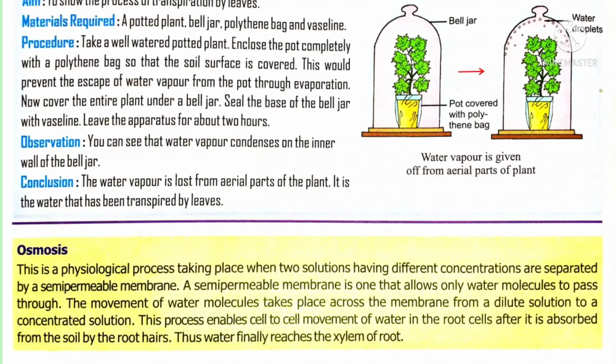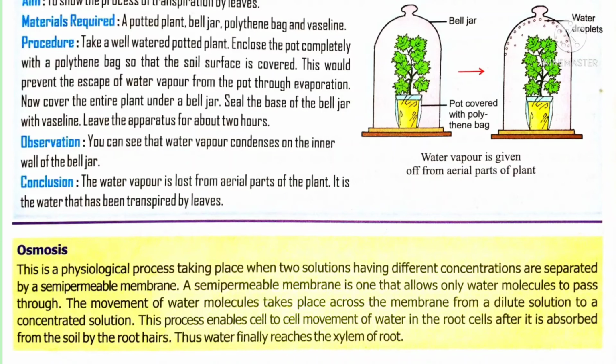Don't confuse this term with diffusion. Diffusion and osmosis are completely different terms. In osmosis, water will flow from more concentrated water to less concentrated water. Whereas in diffusion, only solute particles flow from the higher concentrated area to the lesser concentrated area, because in a higher concentrated solution more solute will be there.